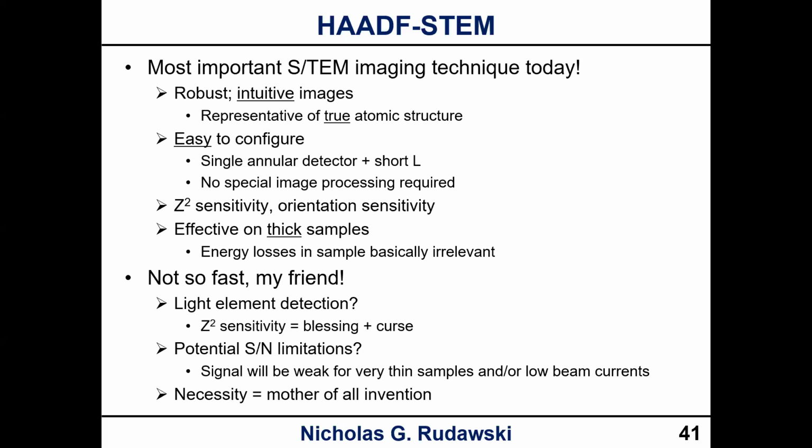Or also it's going to be very weak if I have a low beam current. If I'm trying to do low dose imaging, trying not to cook the sample, and I try to do HAADF with that, I'm going to get probably a pretty poor signal to noise. So those are two important things to consider, and these actually lead us to additional STEM modes, as we're going to see here.